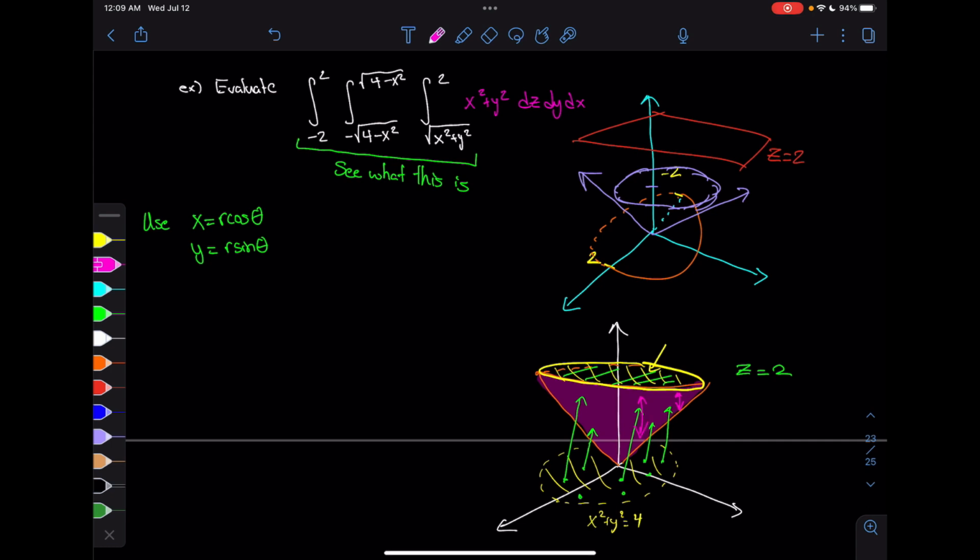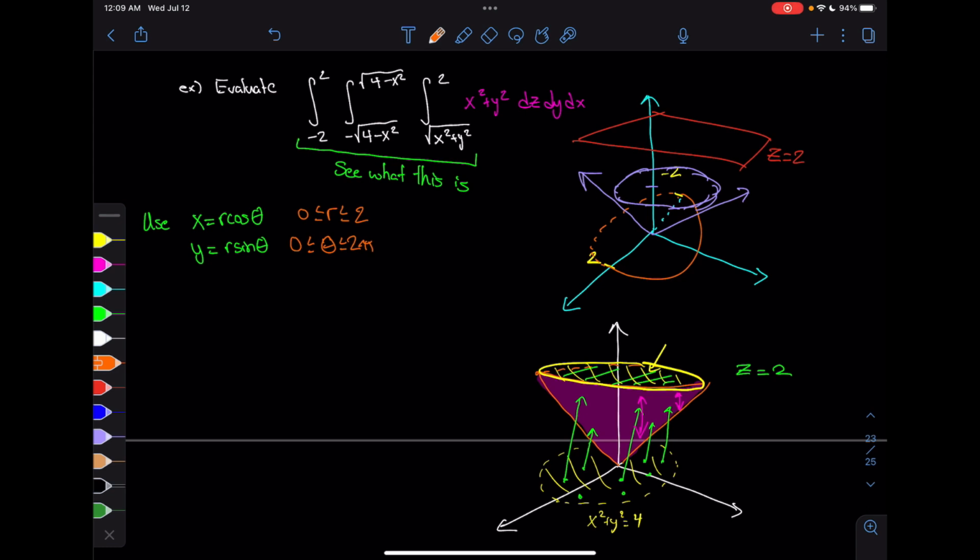And my x and y values are coming from the circle x squared plus y squared equals 4. So I'm going to use that parameterization, and we're going to let r go from 0 to 2, and theta goes from 0 to 2 pi. Okay, so that's our parameterization for the x and the y coordinates.